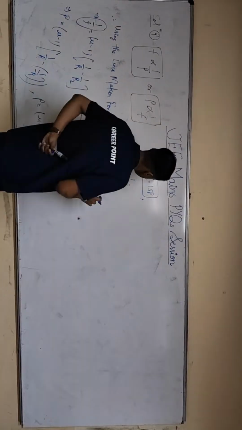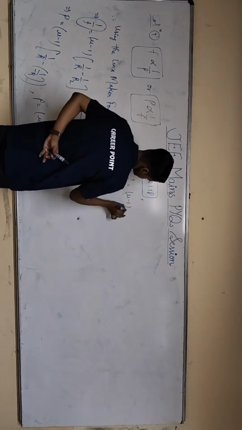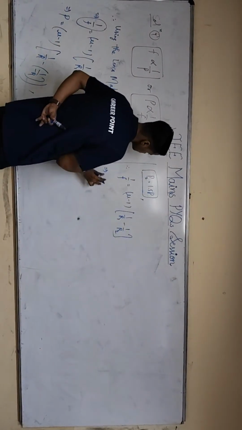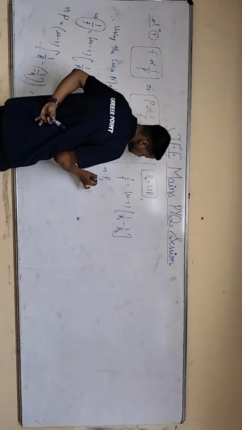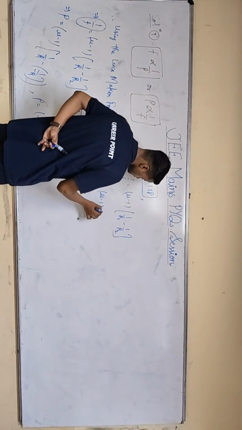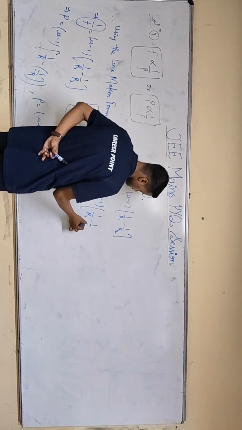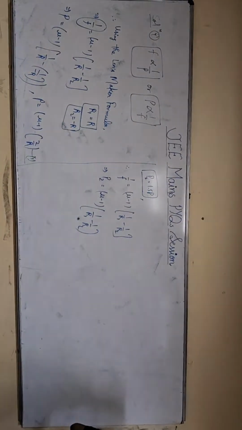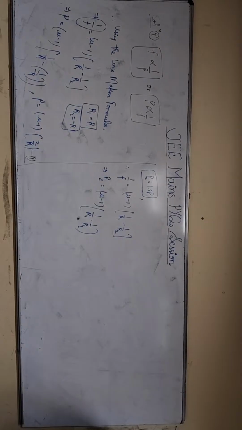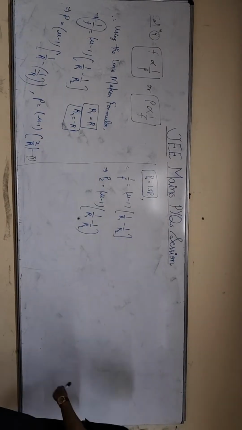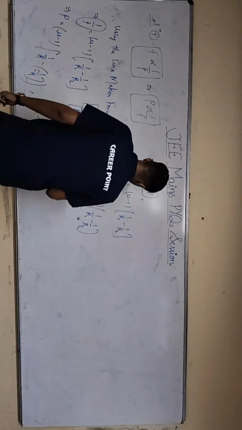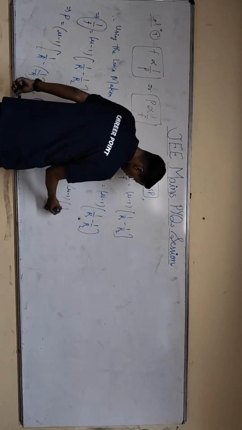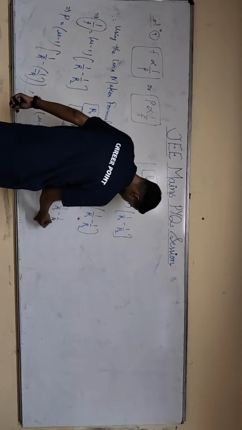In this question, we now have the plano-convex lens. So substitute the value of P2, that is 1.5 P, equal to (mu minus 1) times (1 upon R1 dash minus 1 upon R2).